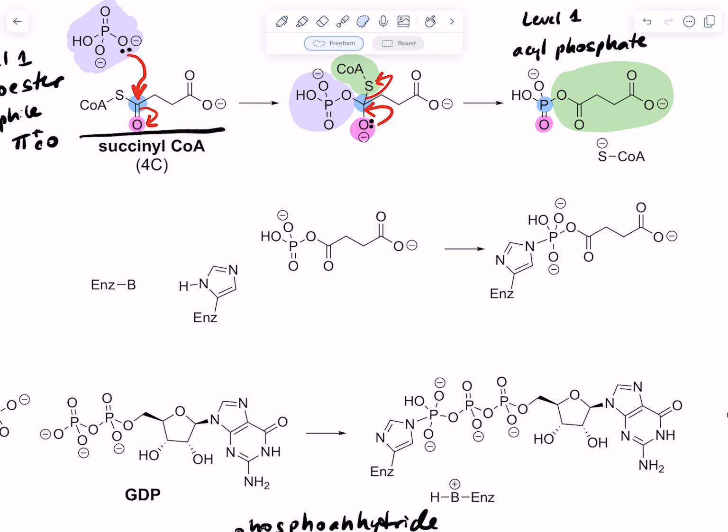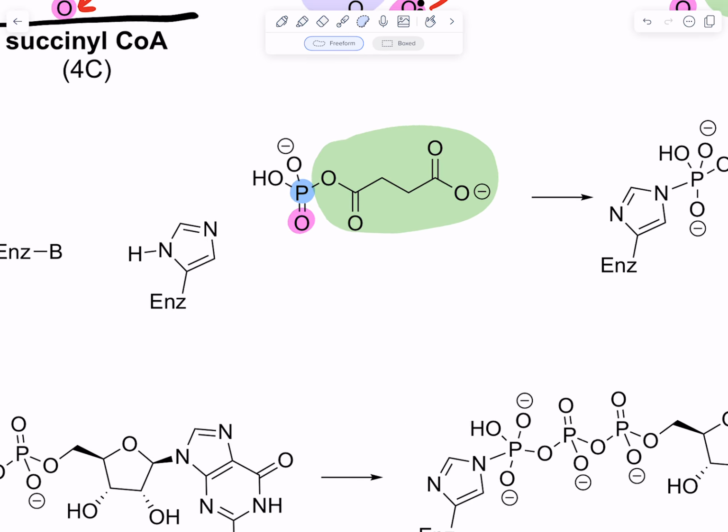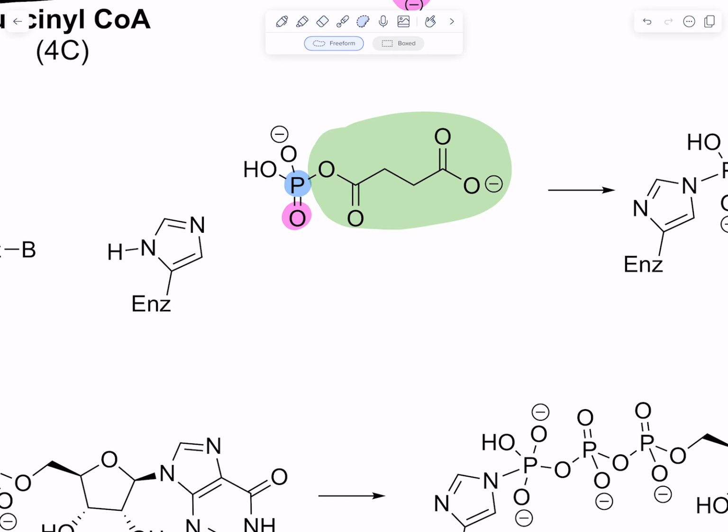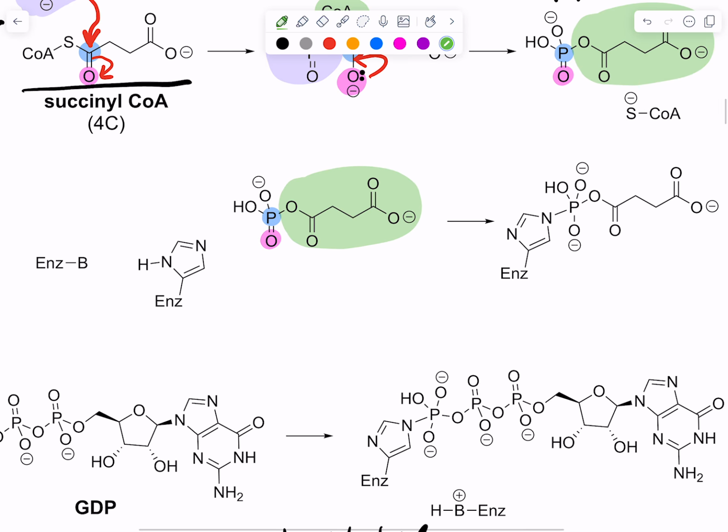That's a clue that my mechanism should involve attack on the phosphoryl group and breaking of the phosphorus oxygen pi bond. So just by comparing starting materials to products here, I can tell we better attack the phosphorus oxygen pi star and break the phosphorus oxygen bond.